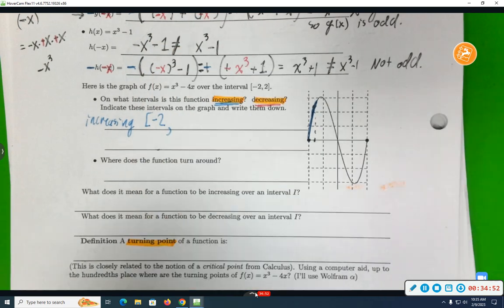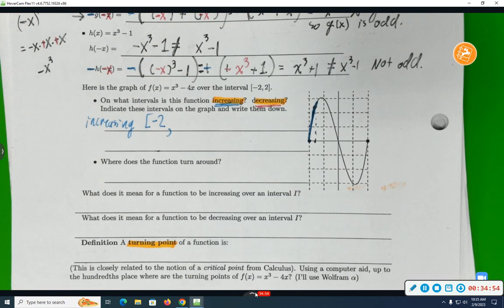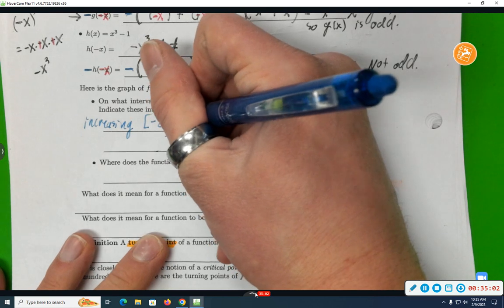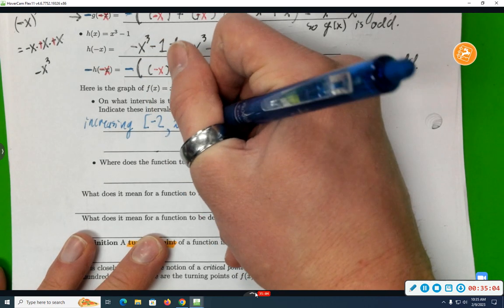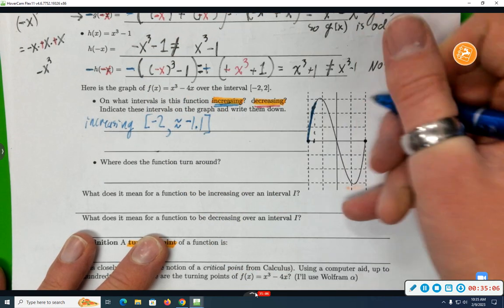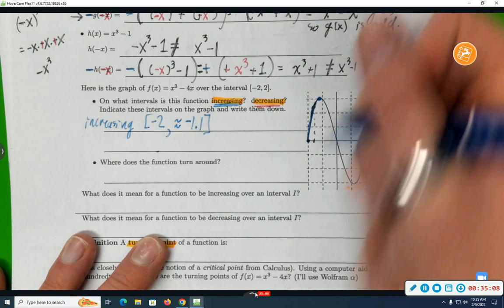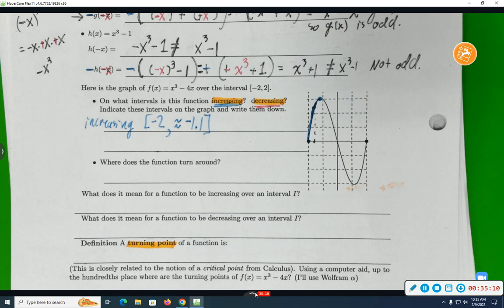How far to the right could I go and still have the function be increasing? Almost to negative 1, so let's say negative 1.1. At that point, it stops increasing and starts decreasing, I think.